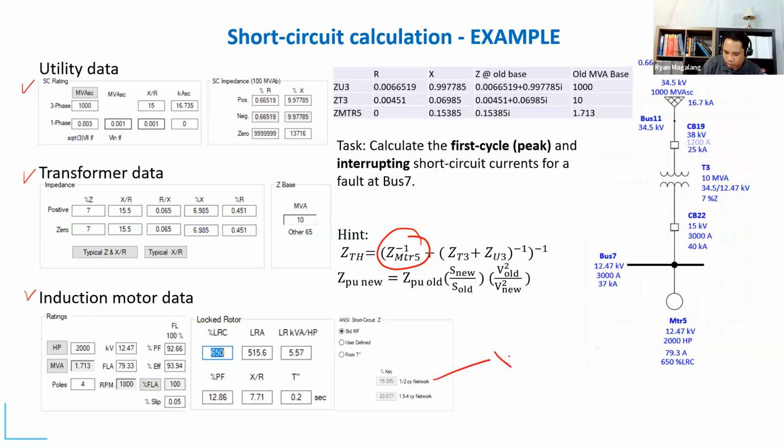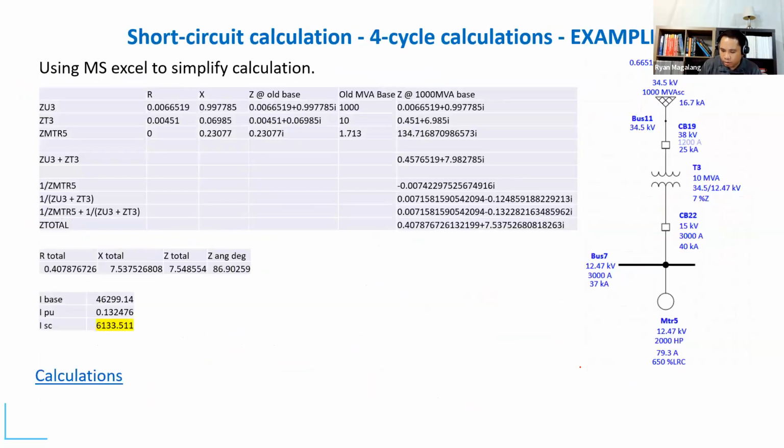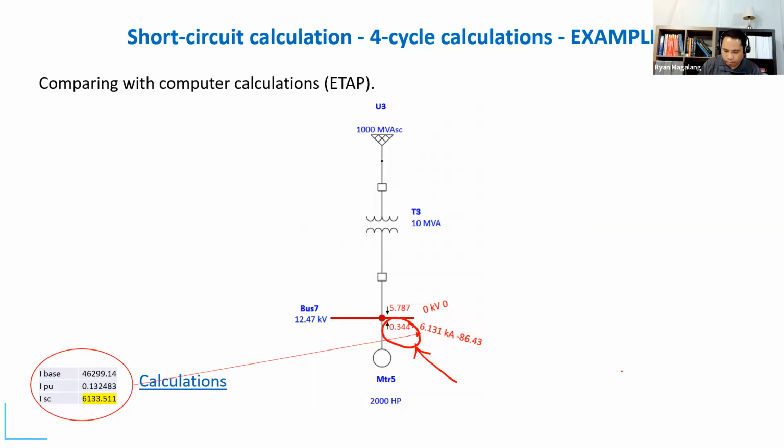So this is your xd double prime, this one is your xd prime. So transient, this is now your transient, this is your sub-transient. So higher impedance, which obviously would result in lower fault current.